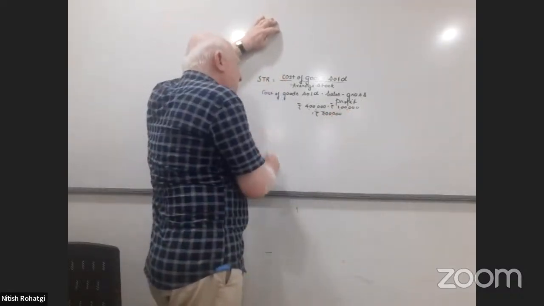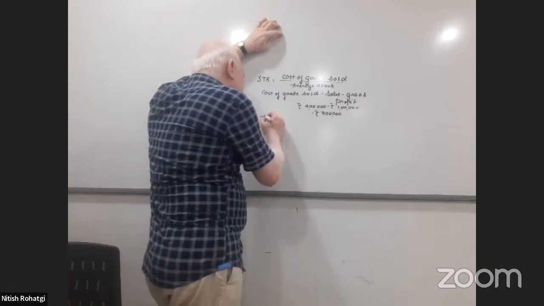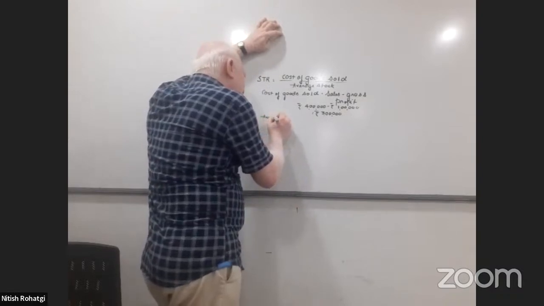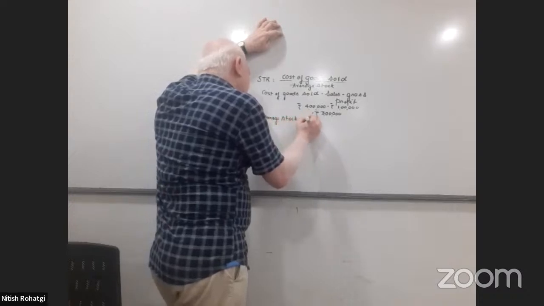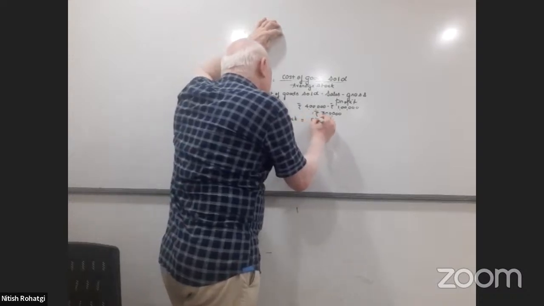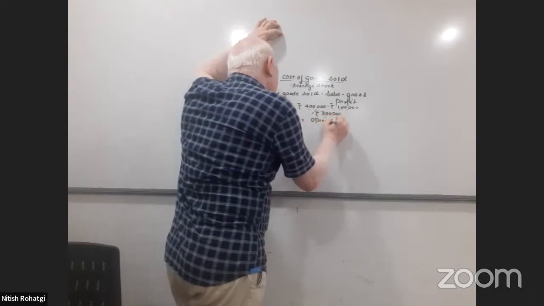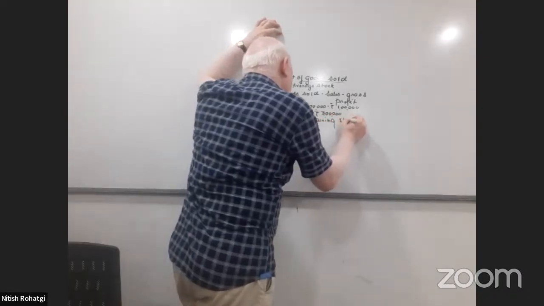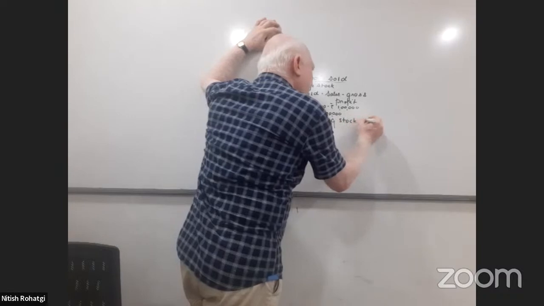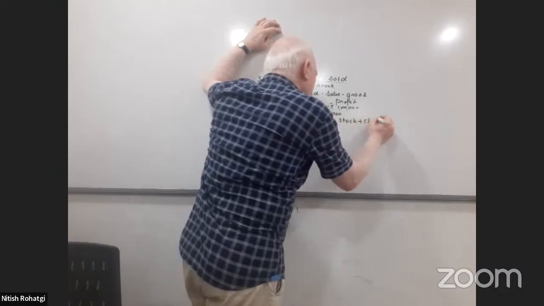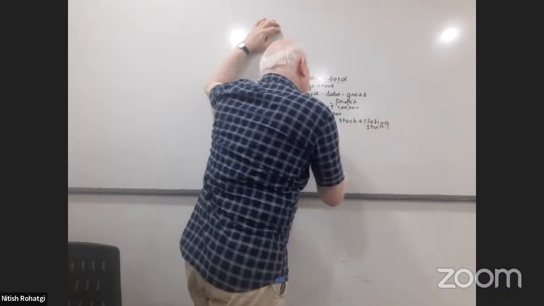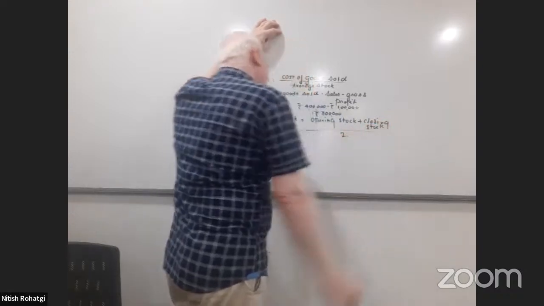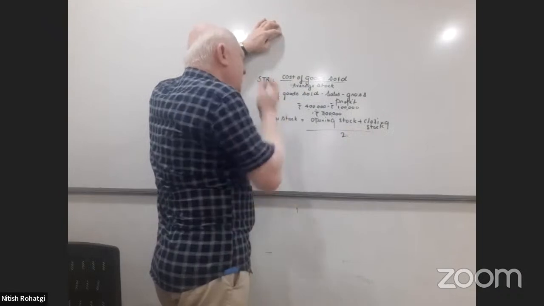Average stock may be calculated as opening stock plus closing stock, divided by 2.